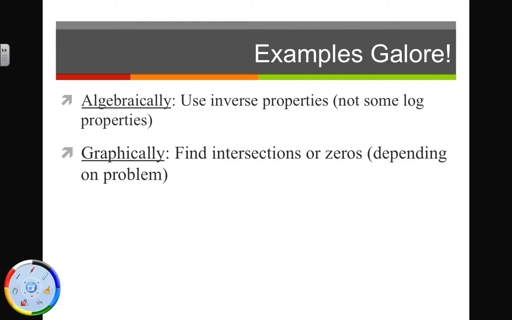It kind of depends on the problem, but for the most part, I think we can do all of this algebraically. The graphical way is kind of a way to check your algebraic answers. All right, so describing the inverse properties is best done on the examples themselves.